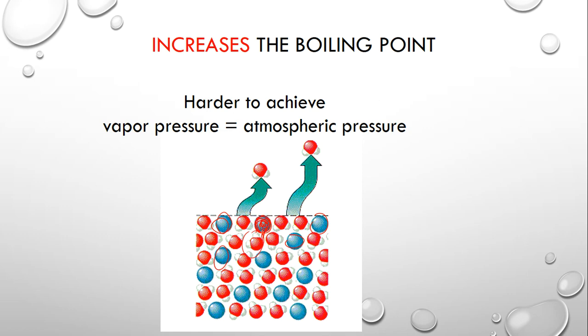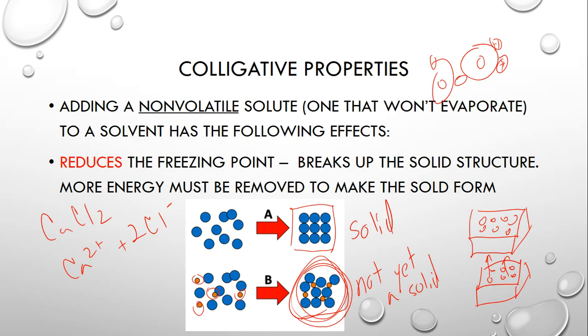And because of that, now it can't go that way. It's got to have a special path. So these salt atoms are making it harder for the water molecules to escape and boil. Because of that, adding salt increases the boiling point and it decreases the freezing point.